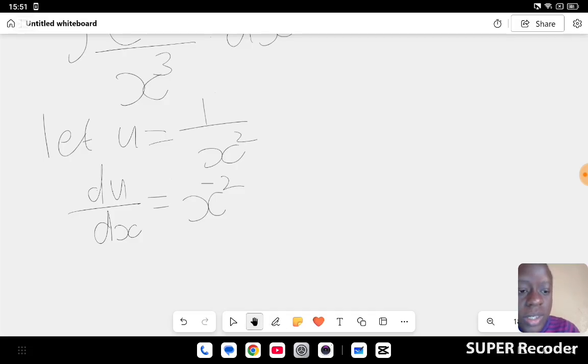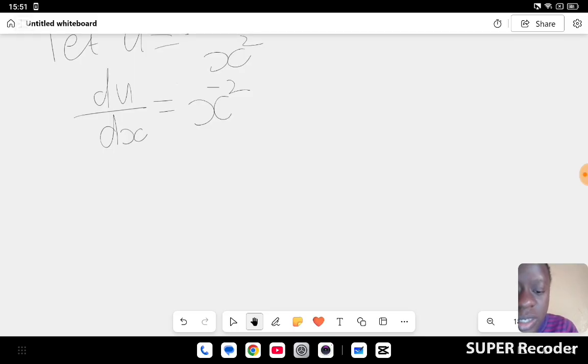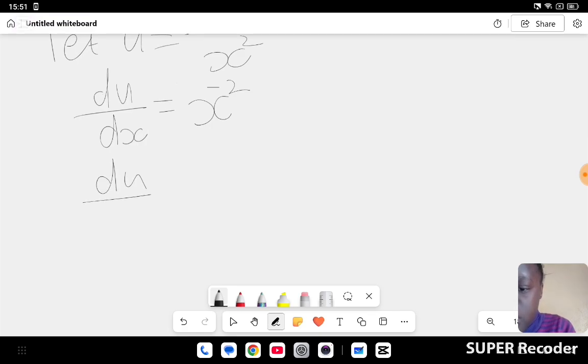So now we have to differentiate. du over dx is equal to, remember the formula that I told you about when there is an exponent like this: n times x to the n minus 1.